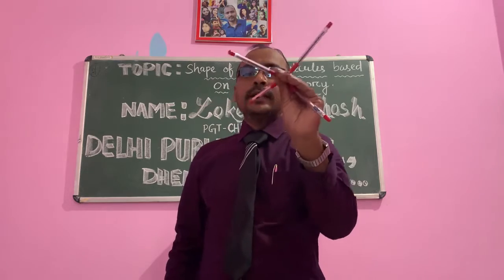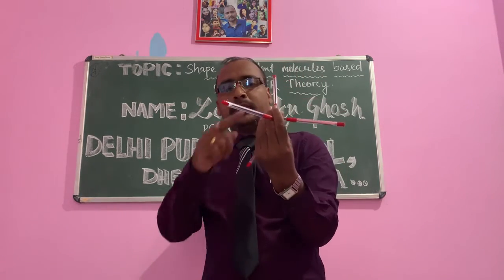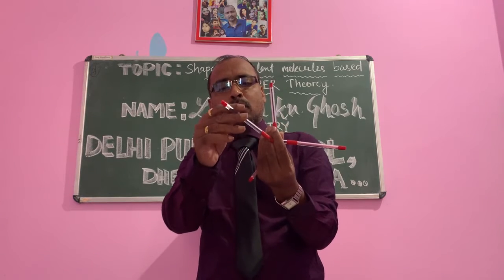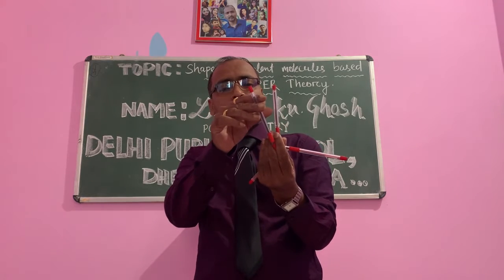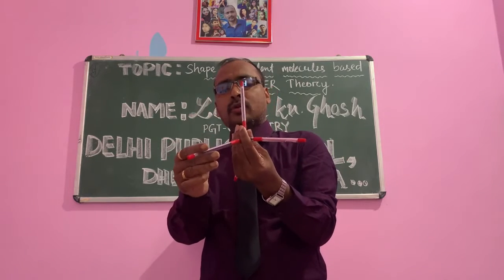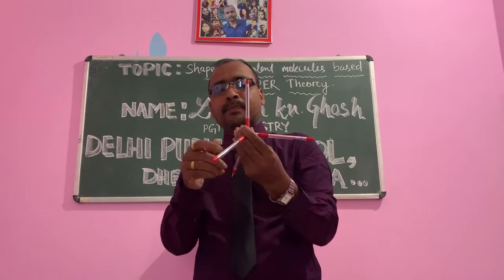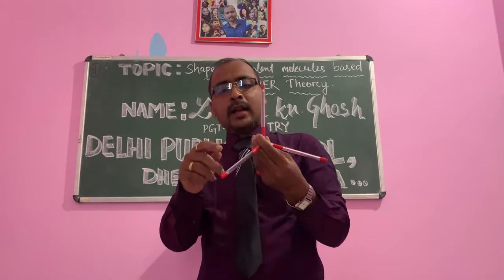You see this shape of AB4 type molecules has maximum distance. If you move a bond towards another bond, repulsion takes place again and the bond bends to the maximum distance. This is the maximum distance and minimum repulsion shape, and it is known as tetrahedral.